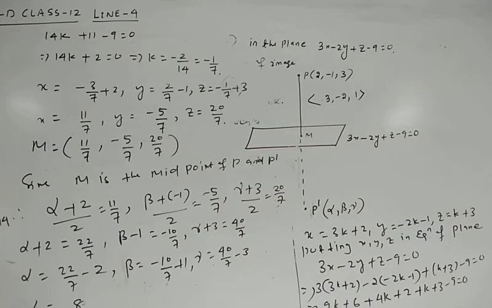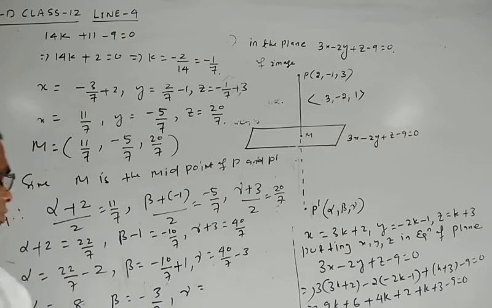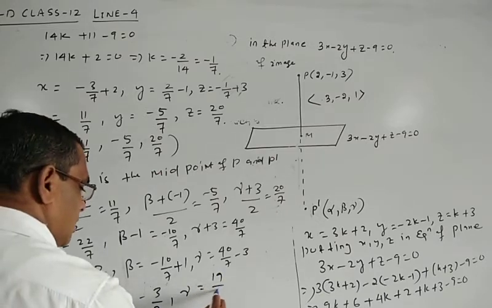Beta is equal to minus 10 plus 7, which is minus 3 by 7. And gamma is equal to 40 minus 21, which is 19 by 7.